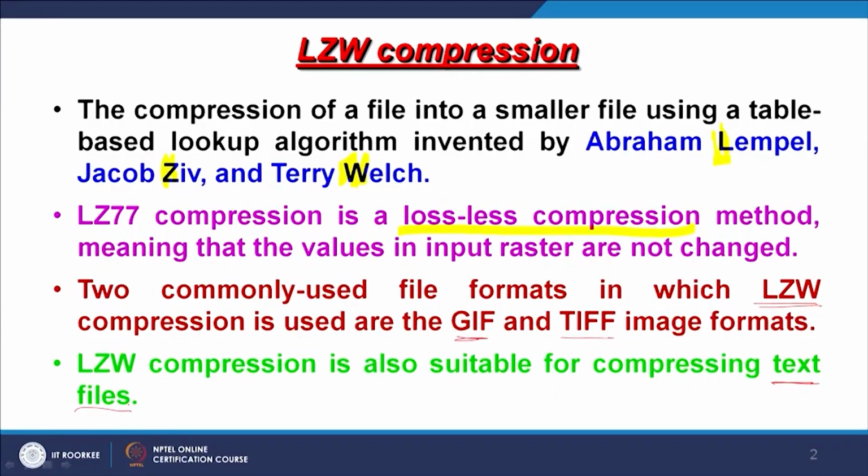Also, interestingly, this is suitable for compressing text files. We have learned vector data compression, because that is directly relevant to GIS, and we are going through raster data as well. But just to add to our knowledge, LZW compression can also be used to compress text files.